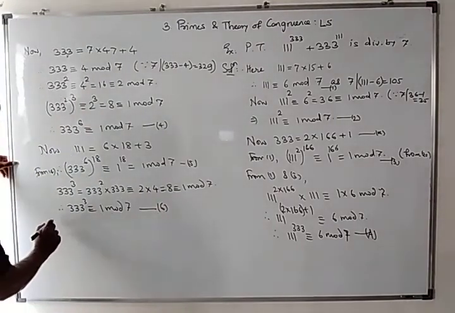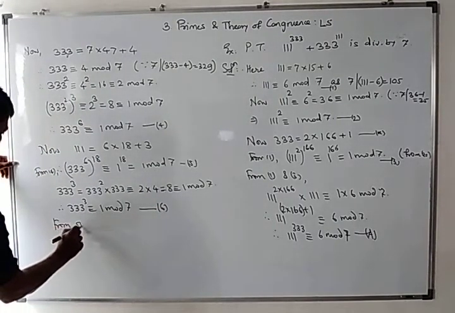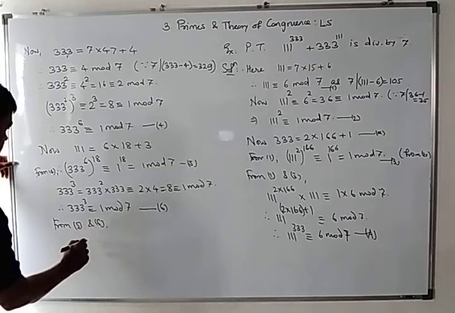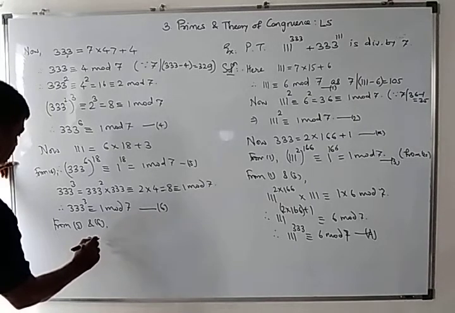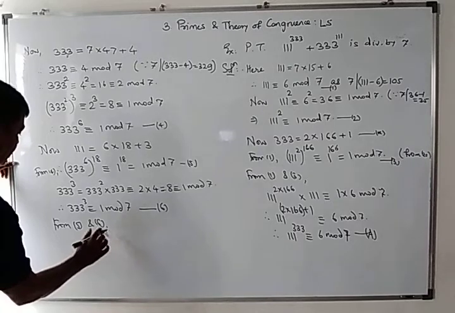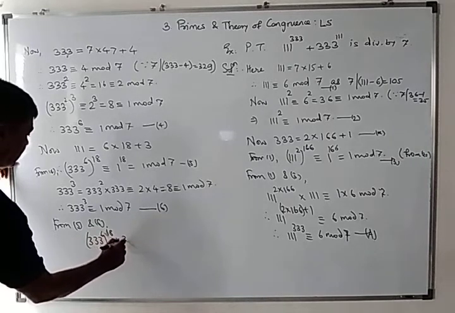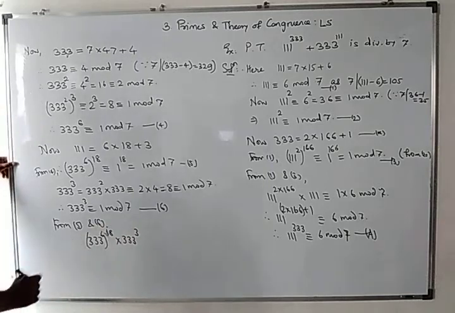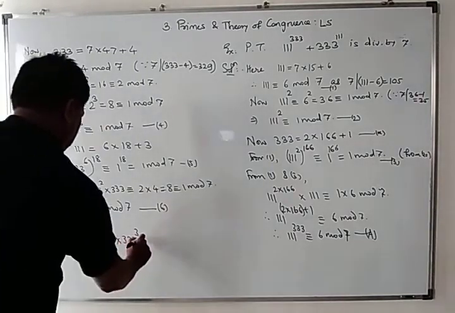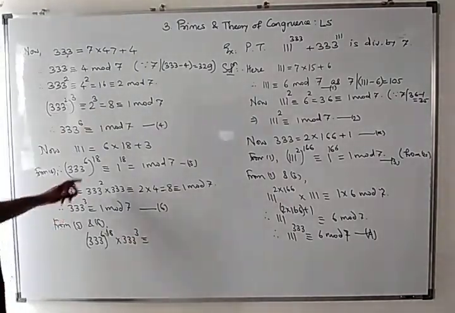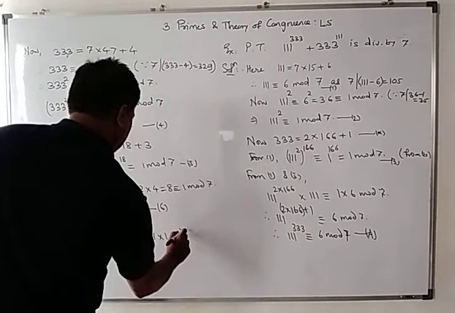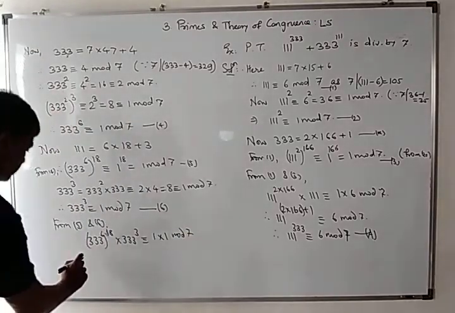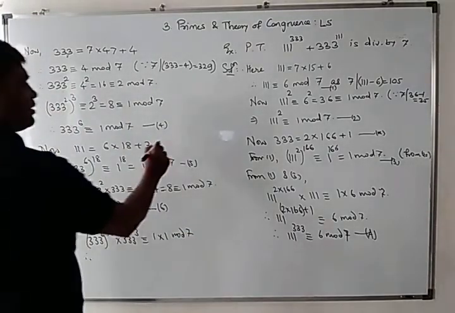From 5 and 6, 333 raised to 6 into 18 into 333 raised to 3 is congruent to, this is 1, this is also 1, 1 into 1 mod 7, and this is star 2.